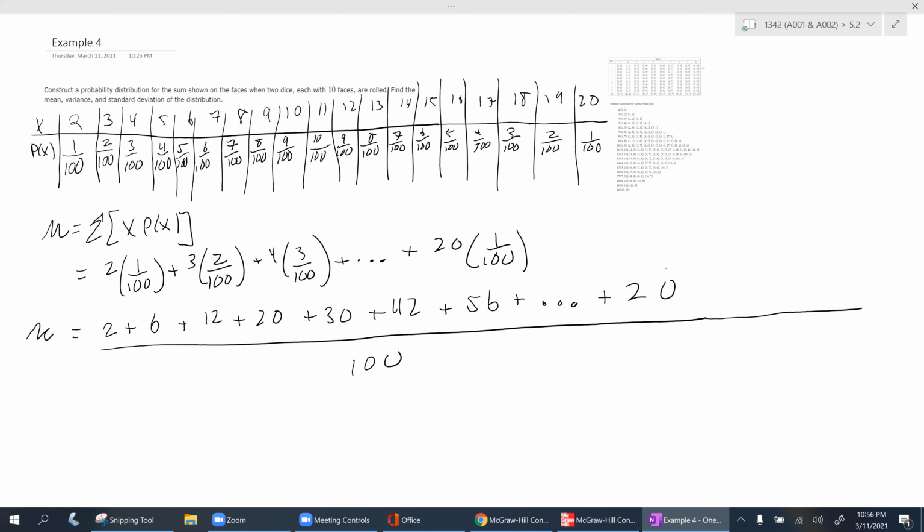When you sum all these up and divide by 100, you find out this gives me 11.